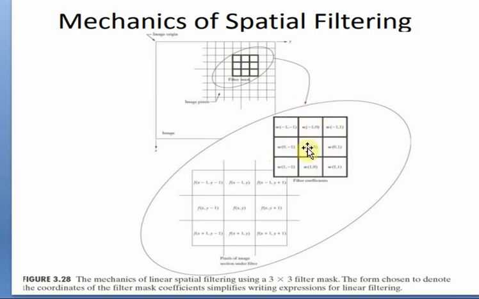The center pixel is coincident with x comma y, which is where we should modify the particular pixel value. So here you place this mask so that its center pixel meets x comma y.